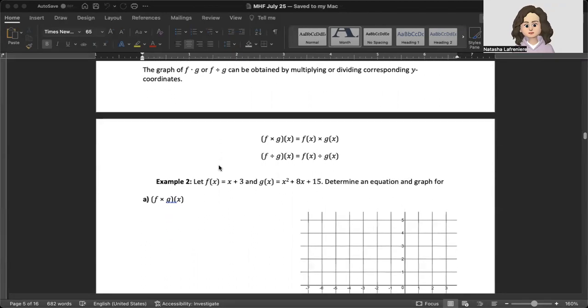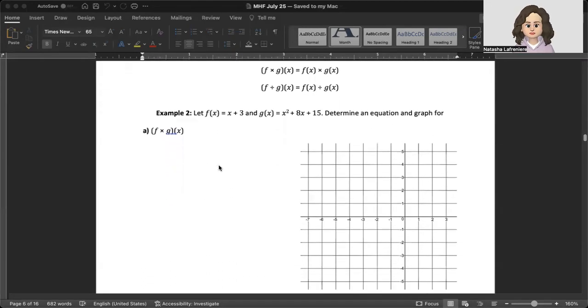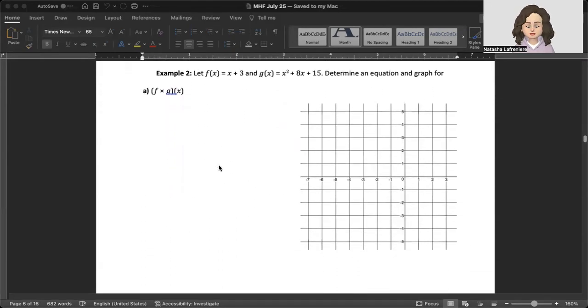Okay, and it could be multiplied or divided by the coordinating y. So we've got our example here. So let f of x equal x plus 3 and g of x equal x squared plus 8x plus 15.